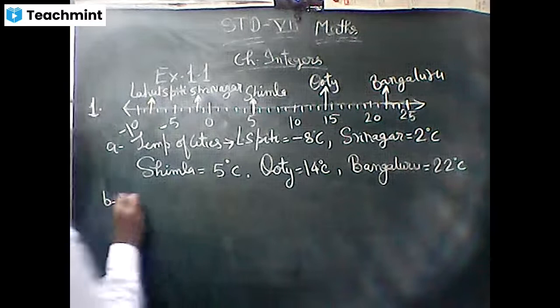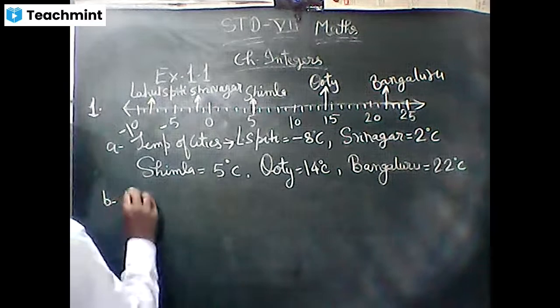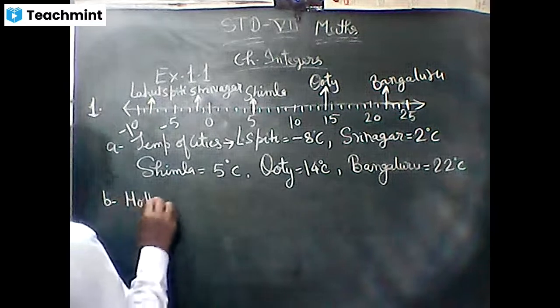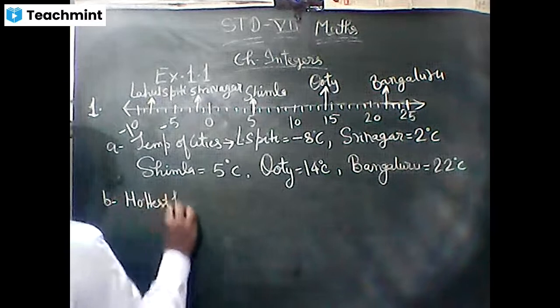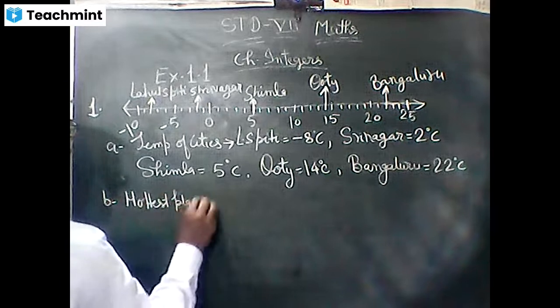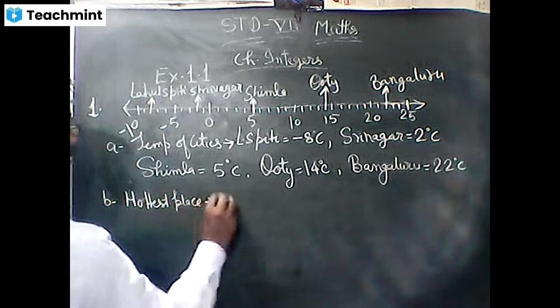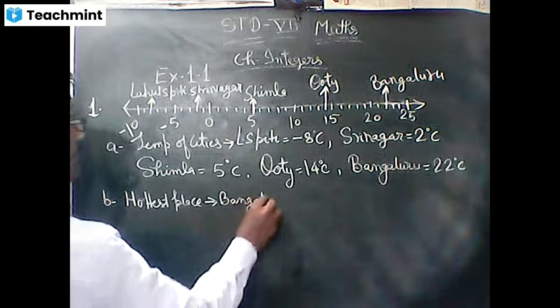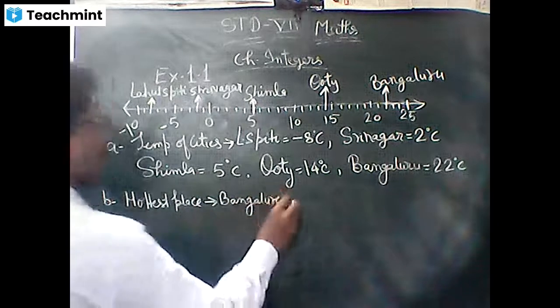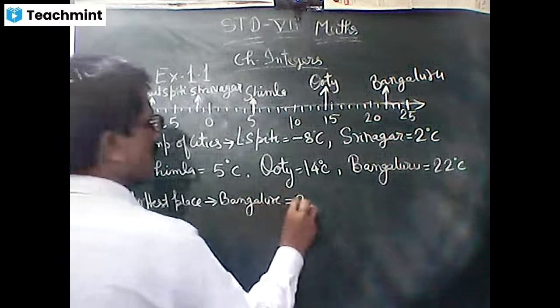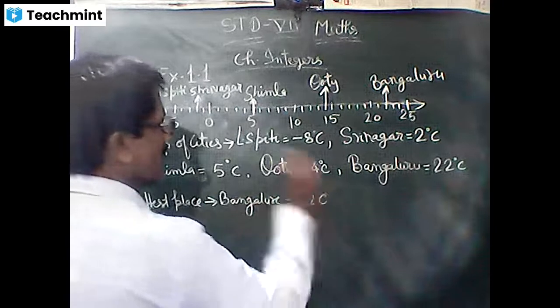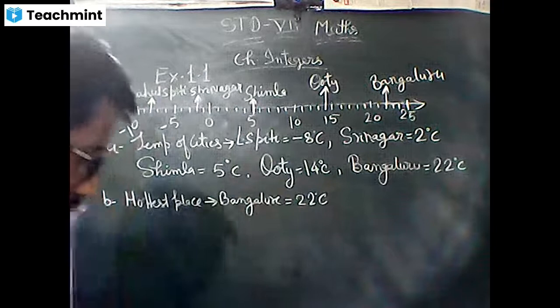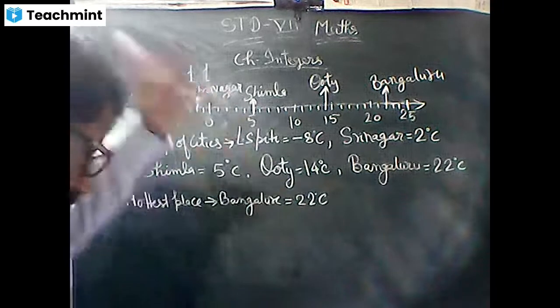So number 1, we have to write the hottest place. The hottest place is Bengaluru, and that temperature is 22 degrees Celsius.